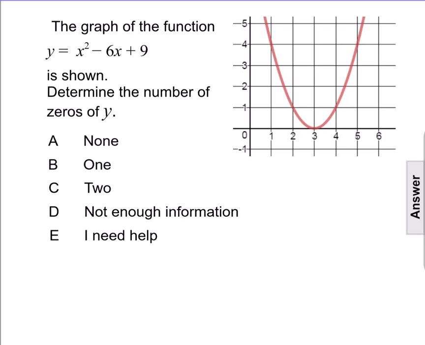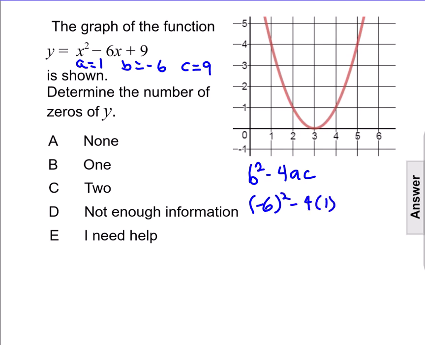If we didn't have the advantage of the graph, we could also use the discriminant, which is b squared minus 4ac. Knowing that a is 1, b is -6, and c is 9. So making the appropriate substitutions, we would have -6 squared minus 4 times 1 times 9.